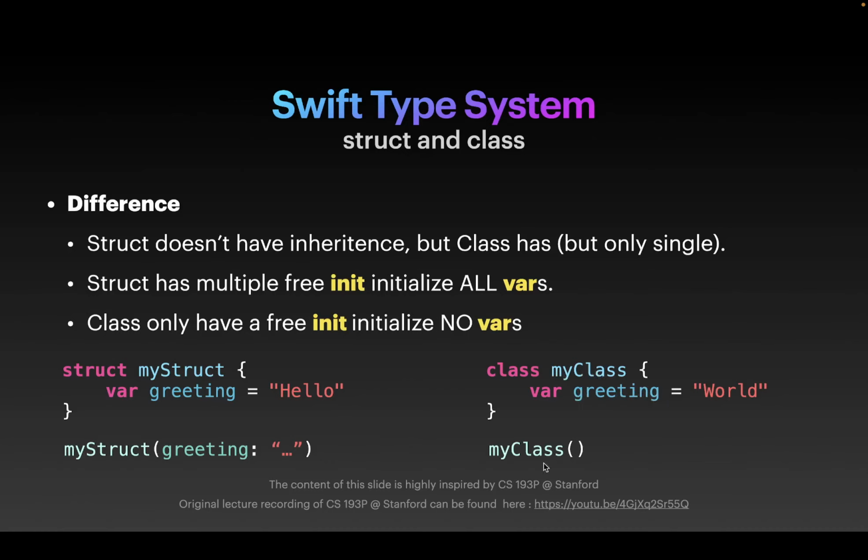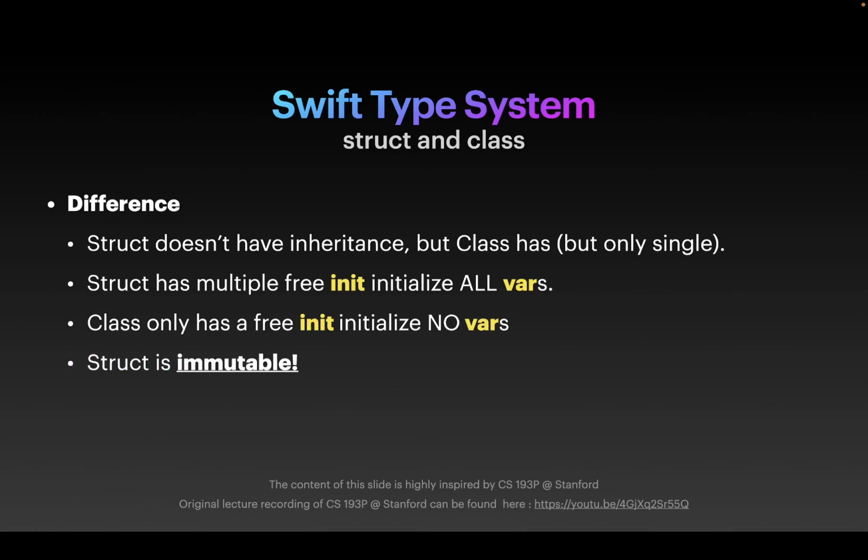When you call upon this, you have a free initializer, but it initializes nothing, okay? If you don't have the initial value for the greeting and you run this line with the empty initializer, or empty constructor, the compiler is going to throw an error because you have to initialize the greeting upon instantiation, okay? That's the difference.